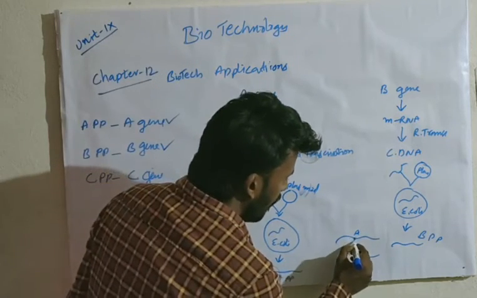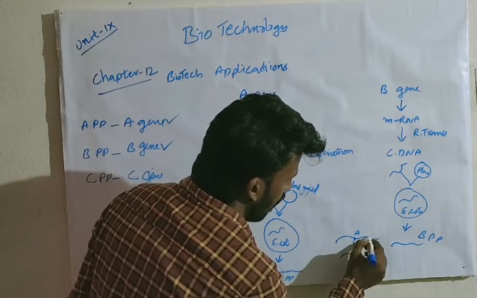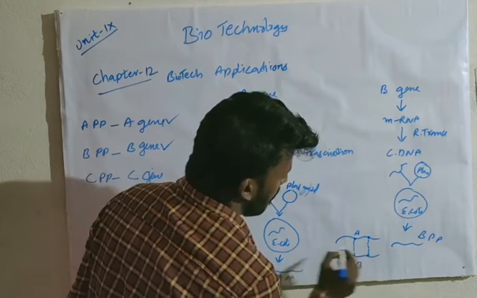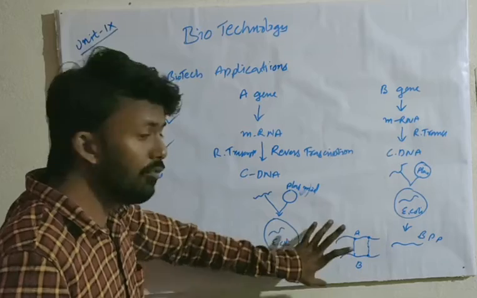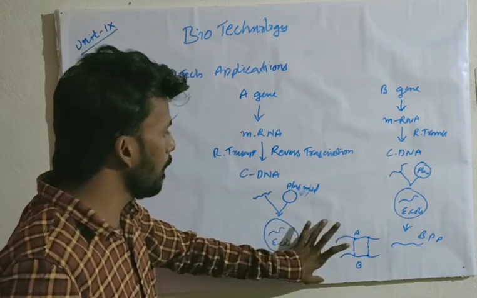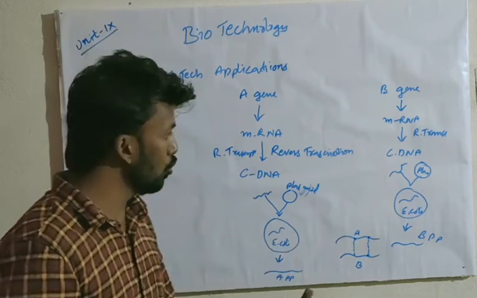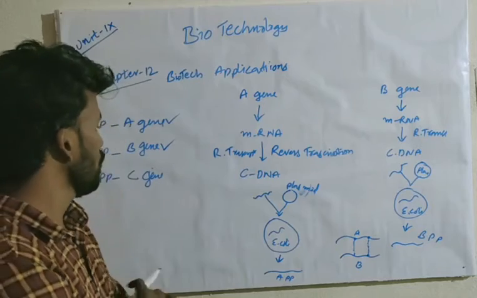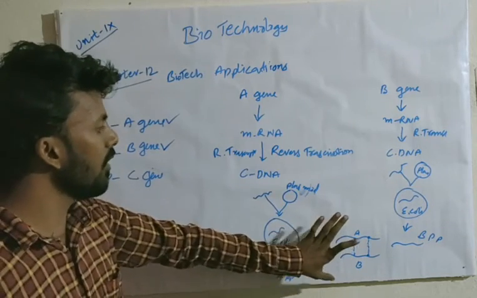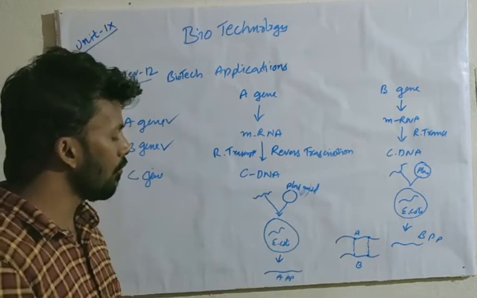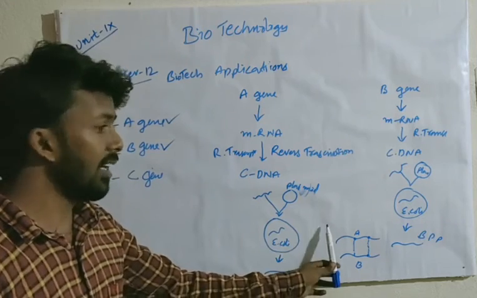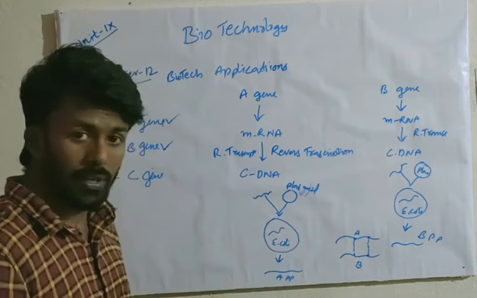And when the disulfide bonds are formed, the active insulin was completely obtained through genetic engineering. So this is the entire process of the application of genetic engineering in insulin.